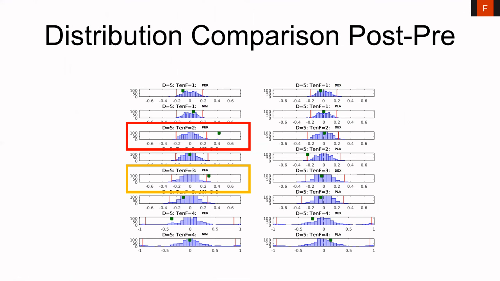Then, if we subtract post minus pre, we have basically only one histogram for each drug and each tensor component, and we find the same significances for perampanel for component number 2 and number 3, basically the red and the yellow one. And they are increasing. So there are increases in the strength of such components due to perampanel.